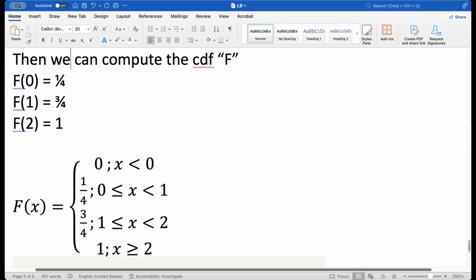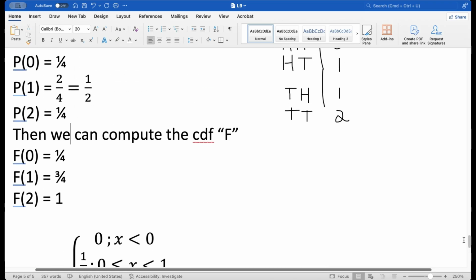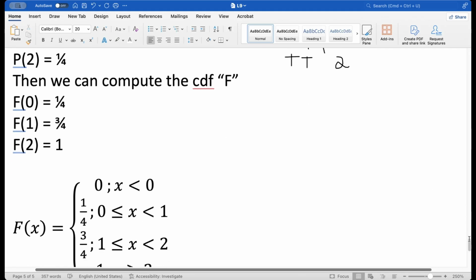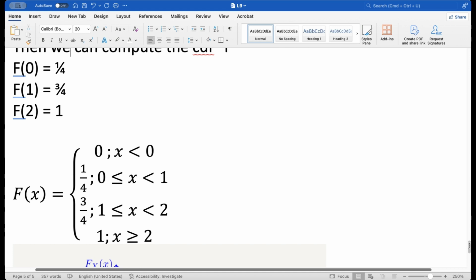Because at 1, the probability of 1 was a half, so we had that jump there. So capital F of 1 was 3/4. It's going to stay that way until we get to 2 and the next jump of another quarter, which got us to 1. And then from there on out, we're at 100% and it stays flat. So this is the piecewise function for the cumulative distribution function capital F.